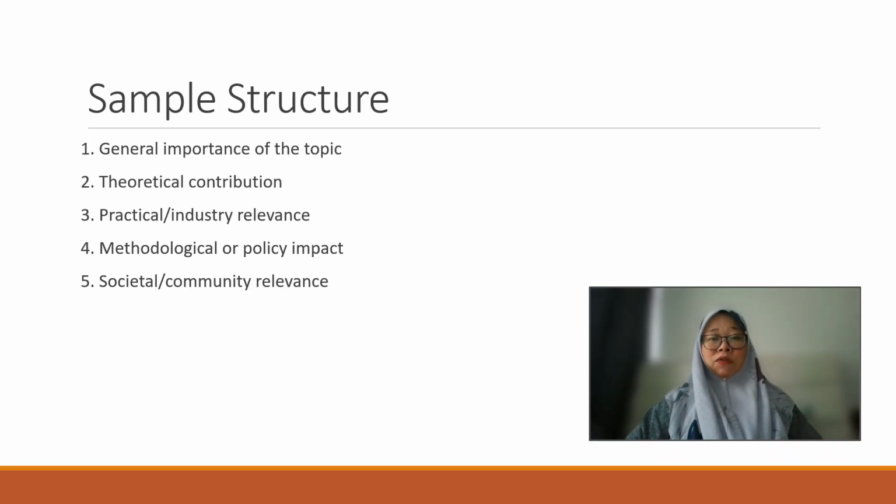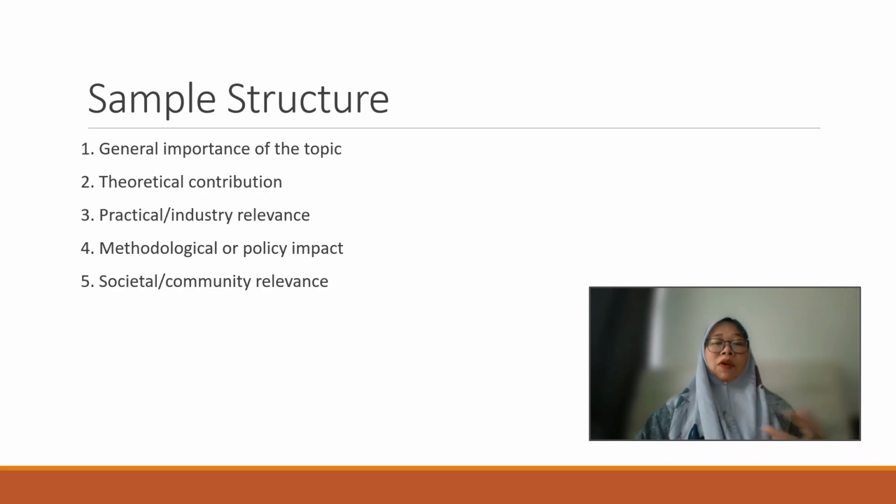A helpful structure for writing your significance section begins by addressing the general importance of your research topic. Then explain how your study contributes theoretically, such as supporting or extending existing models, or highlighting a practical aspect.